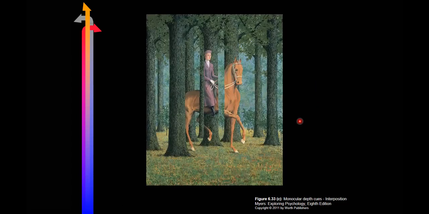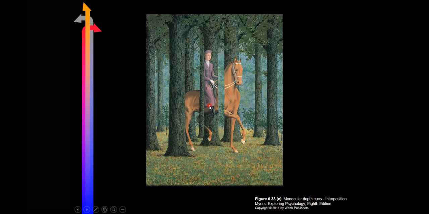Now here we have an odd picture. As you look at this, what's wrong with it? What monocular depth cue has the artist messed around with?